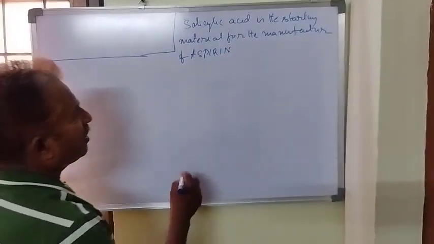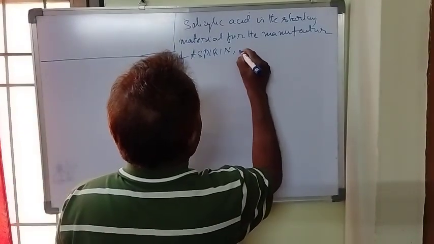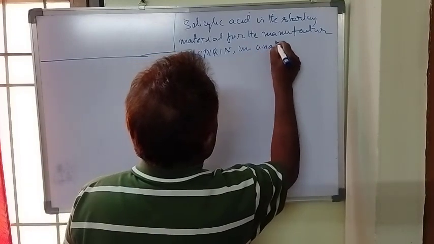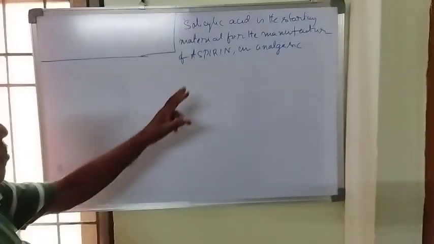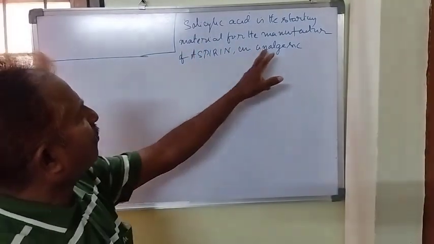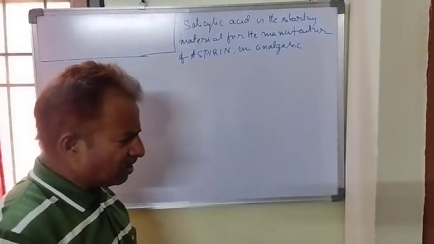Aspirin is an analgesic. Analgesic means pain reliever. So salicylic acid is the starting material for the manufacture of aspirin, an analgesic.